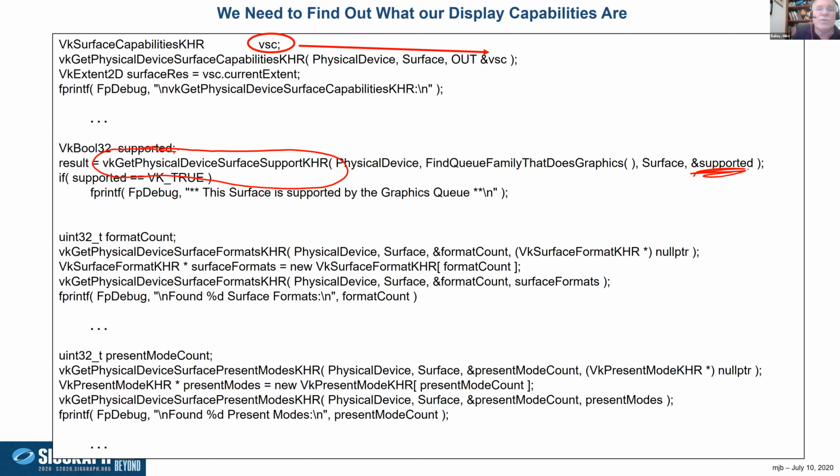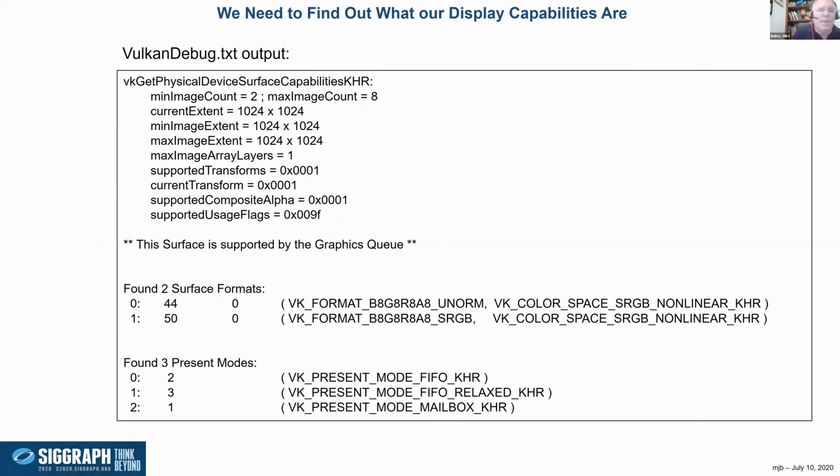So this uses the surface information that came out of GLFW, because that was the interface to the Windows system. The next thing we need to do is find out about that surface and find out what formats are available. And then from that, you can set what format you want.